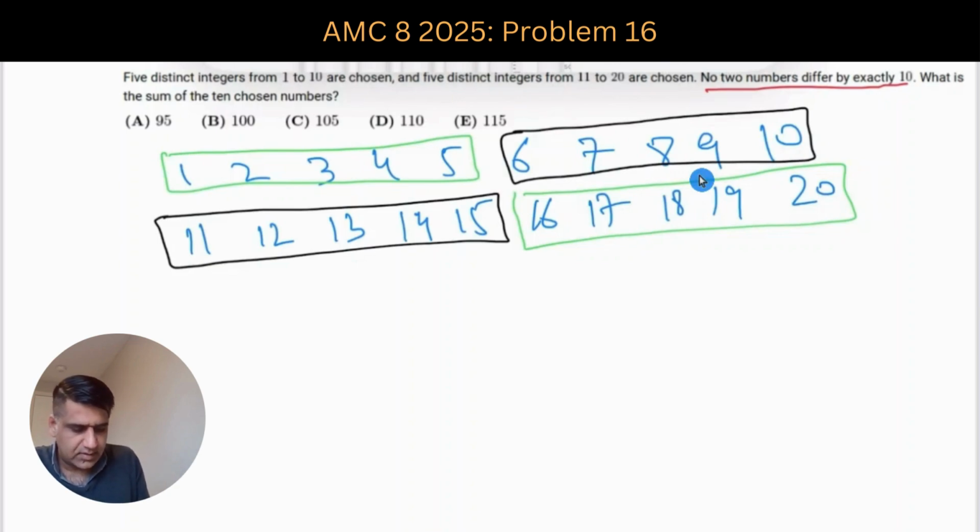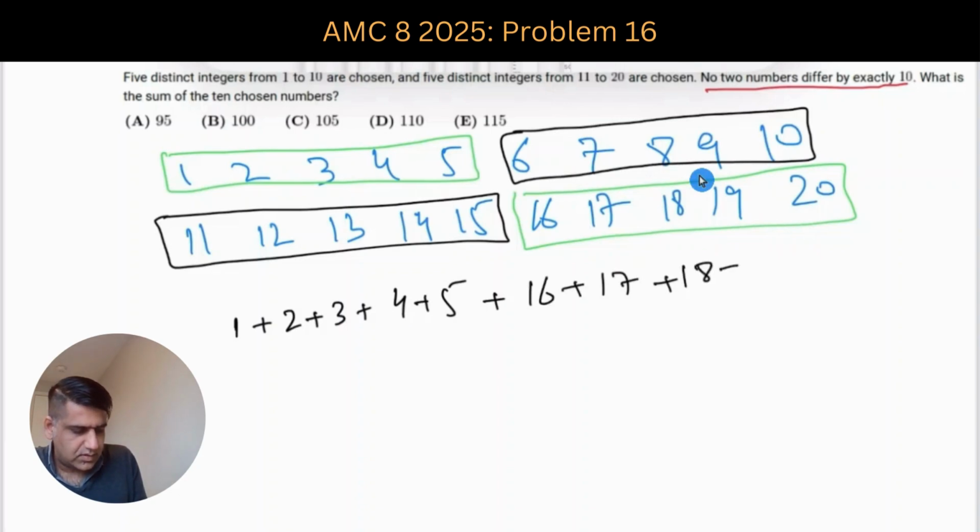So let's take the ones that I circled in green. I will write 1 plus 2 plus 3 plus 4 plus 5, then 16, 17, 18, 19 plus 20. Now we can simply sum that up.